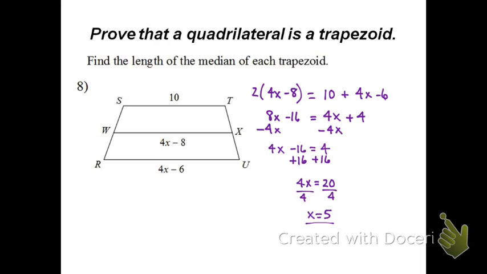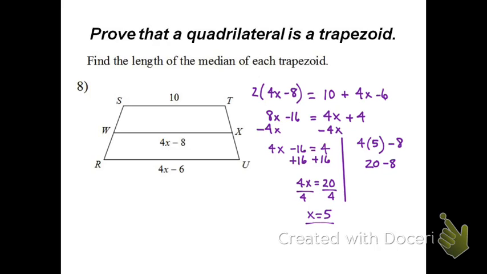Now, let's solve to find the median. So we're trying to find 4x minus 8. So we take 4, and instead of x, we're going to put 5 this time. So 4 times 5 minus 8, which is 20 minus 8.